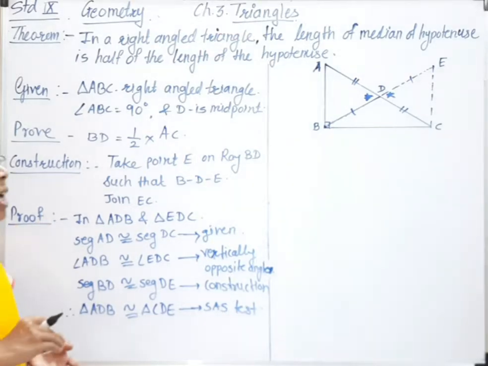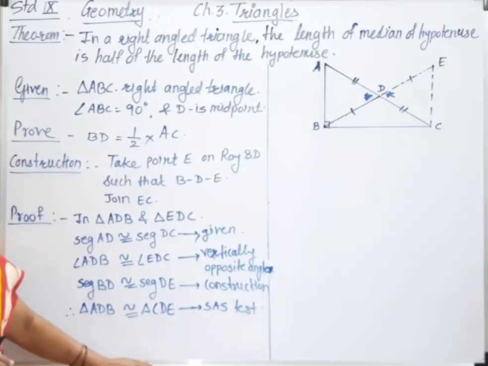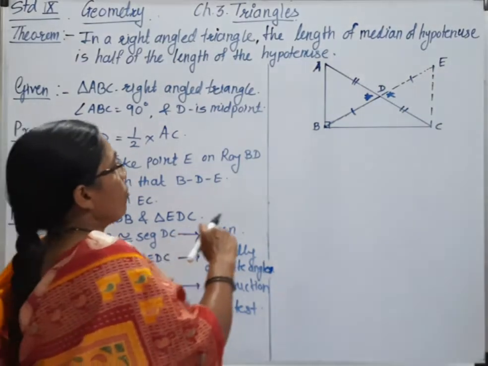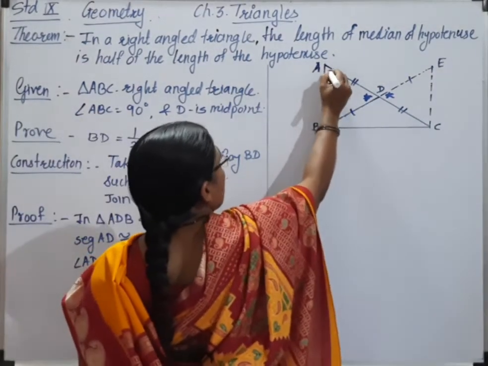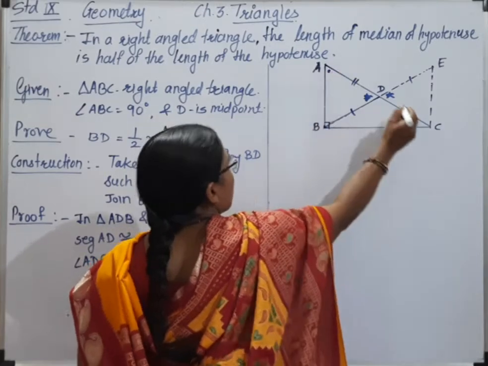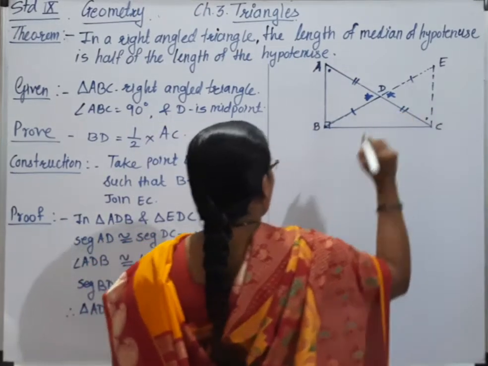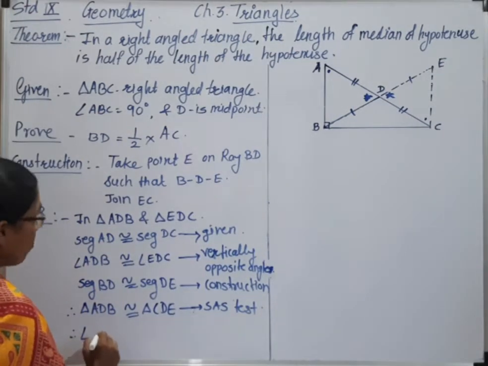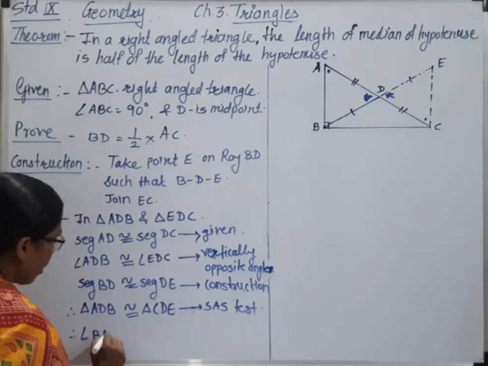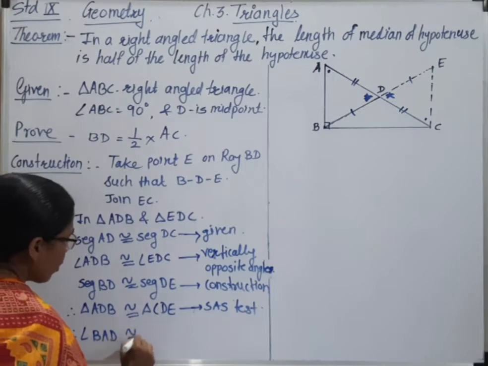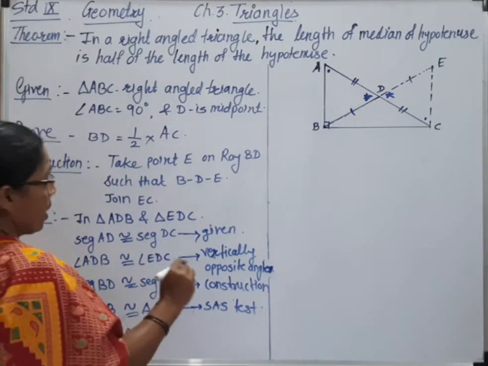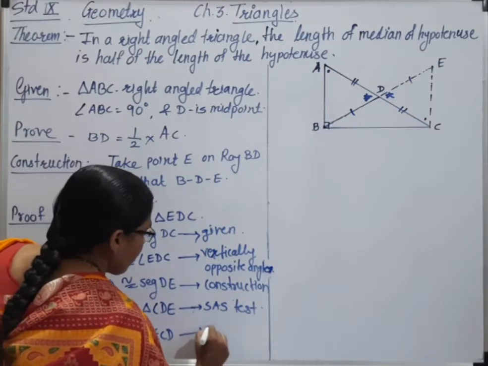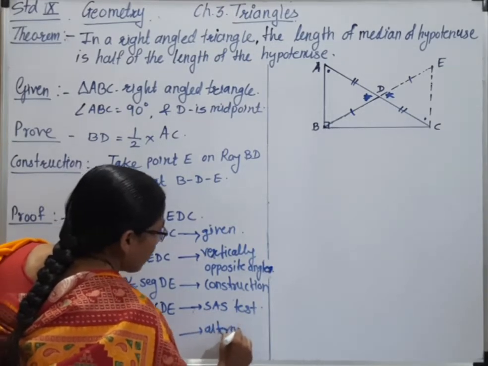And if any two triangles are congruent by any test, then the remaining sides and remaining angles are also congruent, and that's why angle BAD and this angle of the other triangle are both congruent. Therefore angle BAD is congruent to angle ECD, these are alternate angles.